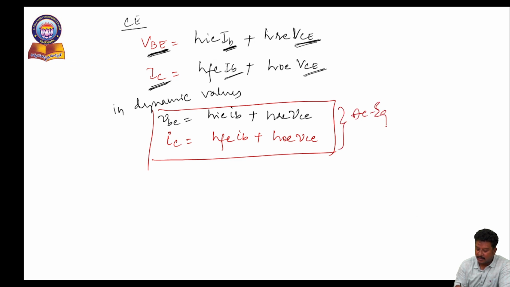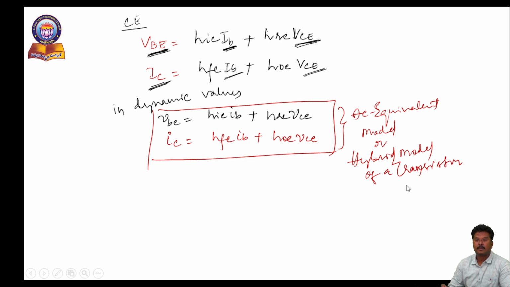AC equivalent model or hybrid model of a transistor. Okay, so unless you define this AC equivalent model, it is not possible for us to know the internal structure of the transistor.